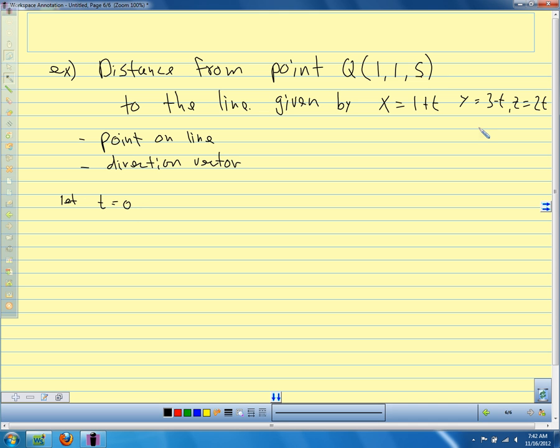So if we let t equal 0, we get a point on the line, which is 1, 3, 0. I can pick any value of my parameter and get a point x, y, and z that's on my line. So there is my point on the line, and we need our direction vector.